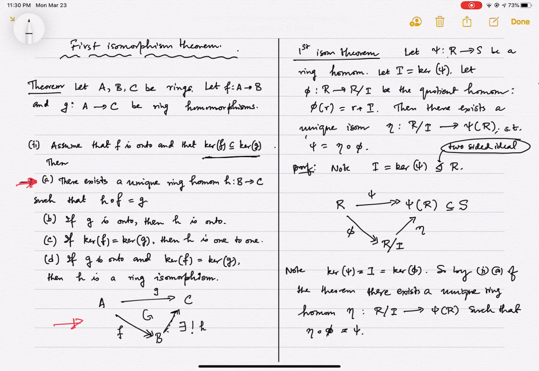And note, the kernels are actually equal, and both these maps, phi and psi, are onto. So our G, which is psi in this case, is also onto. So part d of the theorem actually applies. So I could say by part d, this is an isomorphism.